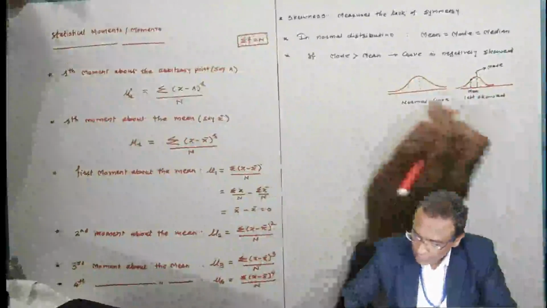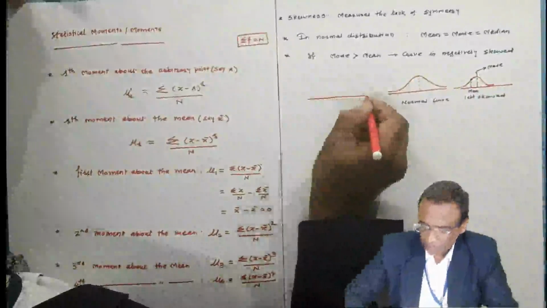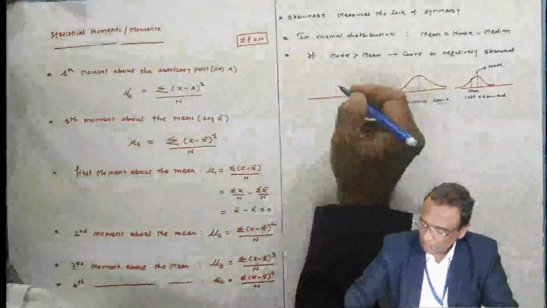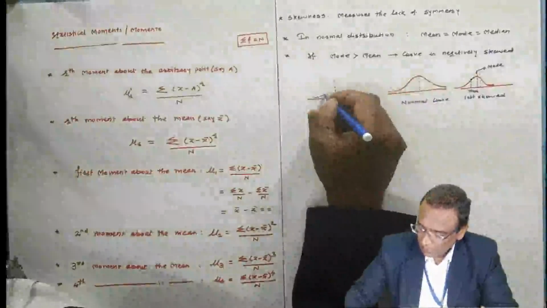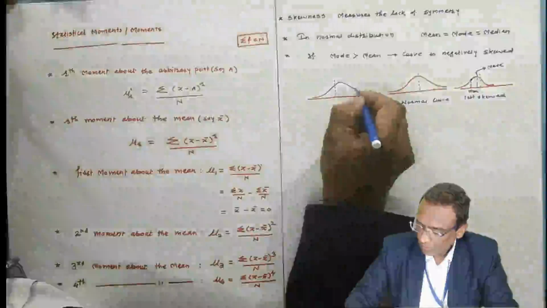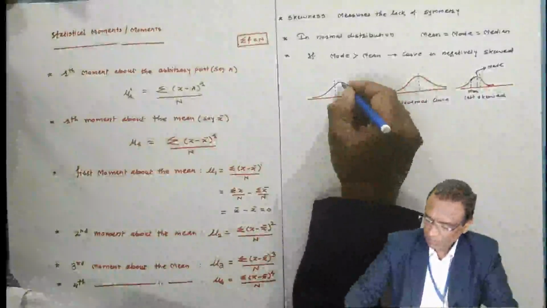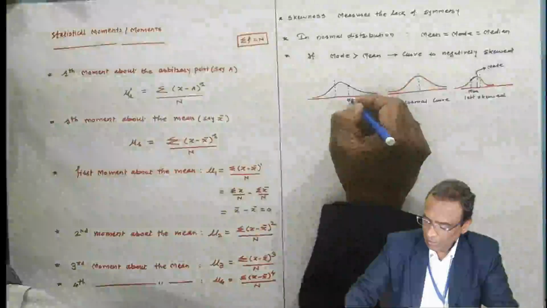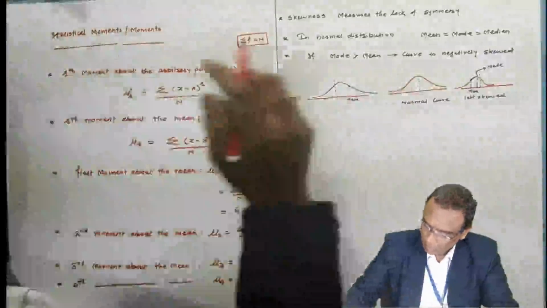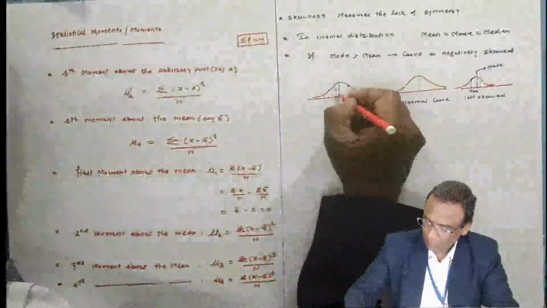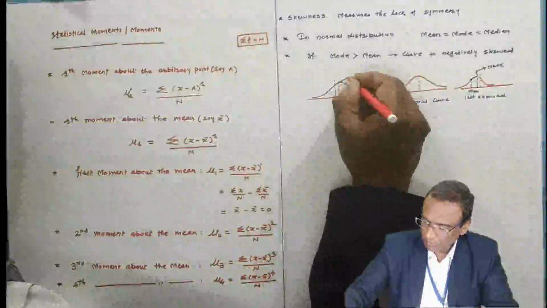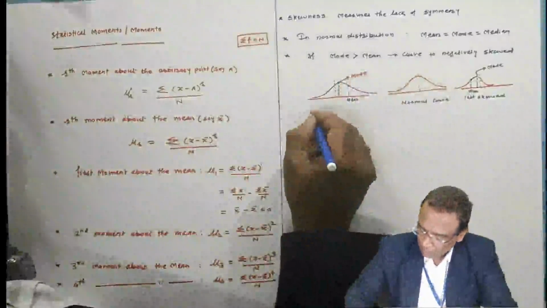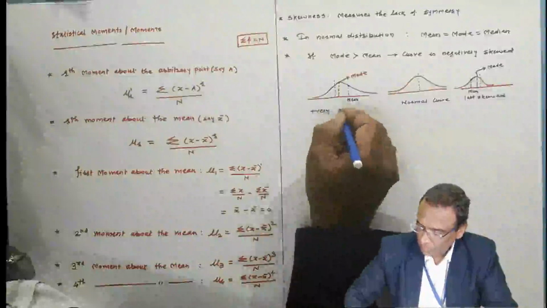Now, the positive skewness. I am drawing 3 curves here so that it will be easy to compare. If the data is like this, here this is the mean at this point, suppose, and the mean is greater than the mode. The data is positively skewed.